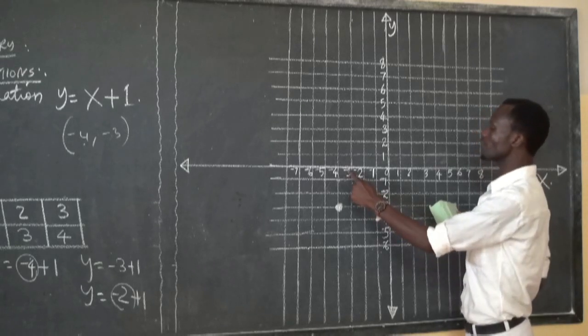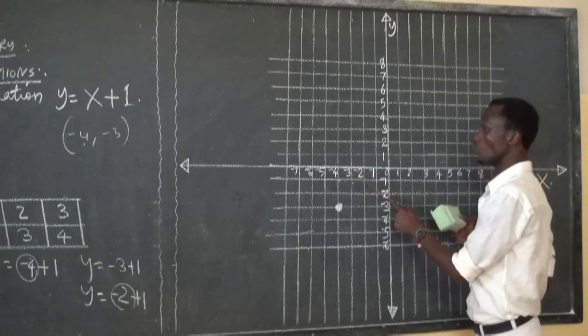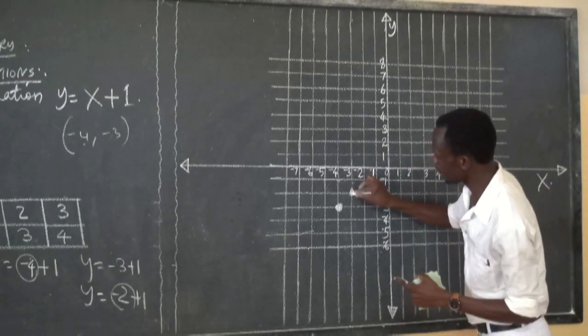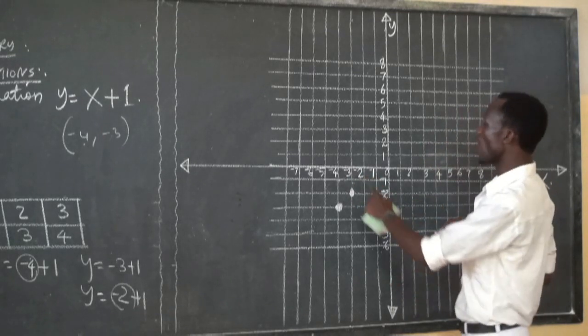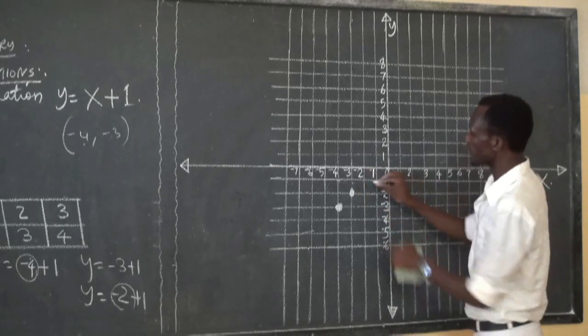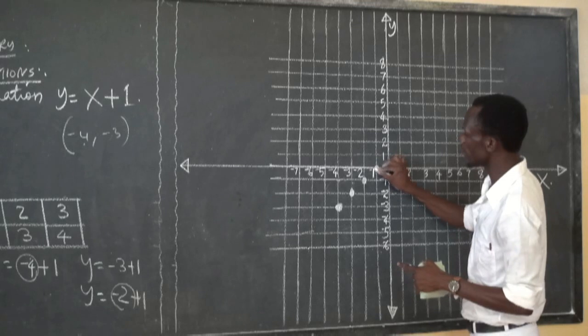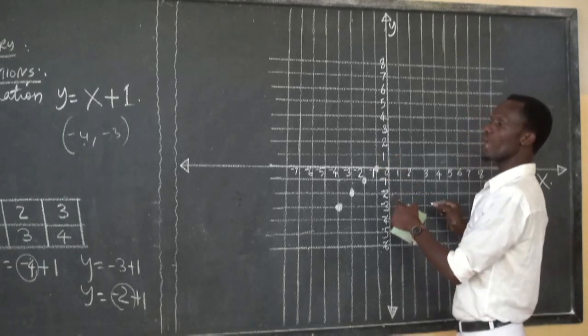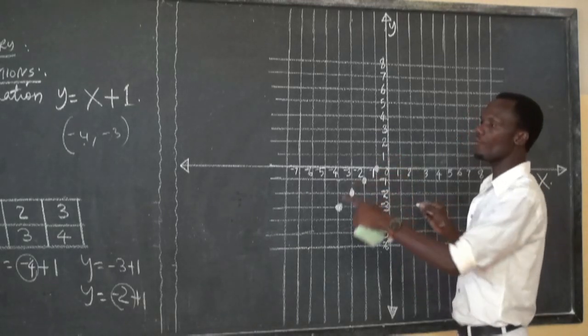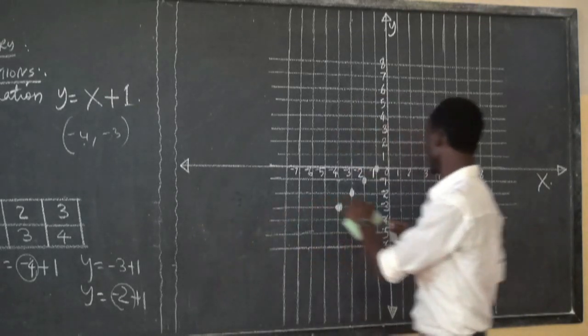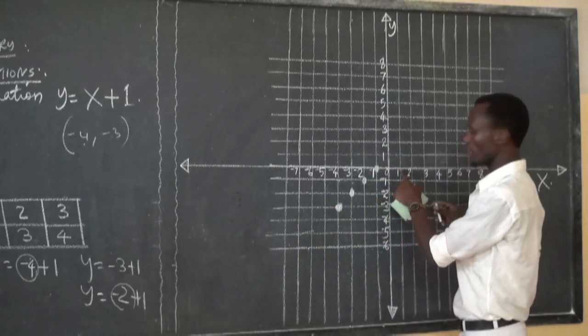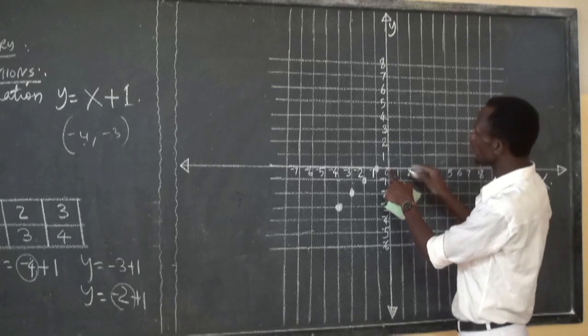Then what next? We have negative 3 and negative 2. Here it is. This is a point. Then we have negative 2 and negative 1. Here it is. Then we have negative 1 and 0. Here it is. Then we have x is 0 and y is 1.